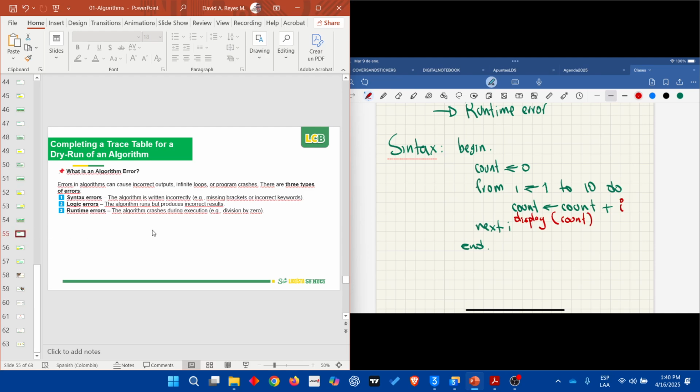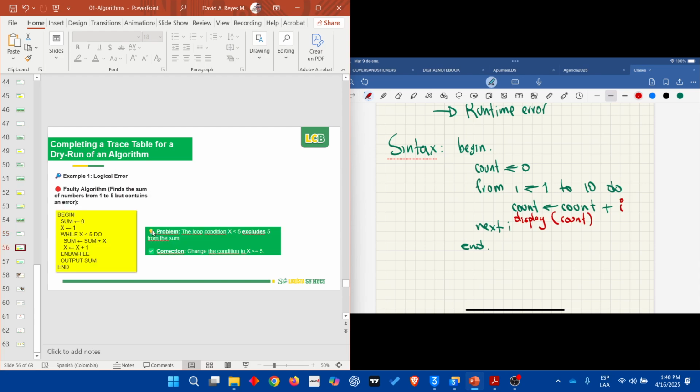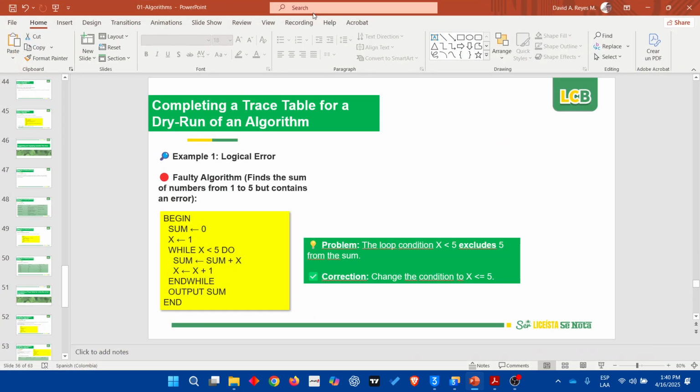So this is what I was showing you: the syntax, the logic, and runtime errors. This one is for logical error. The purpose of these algorithms is just showing the sum of the numbers 1 to 5. Okay, but it's a logical error. Why?